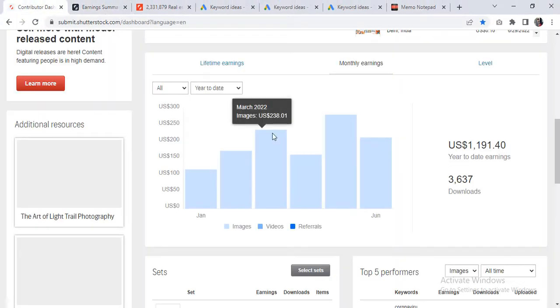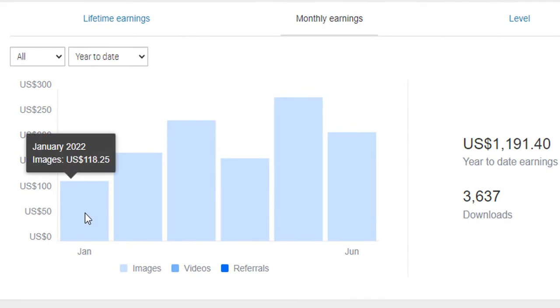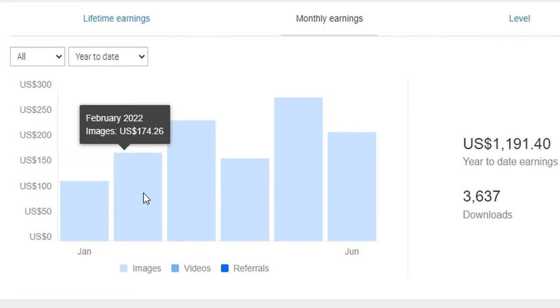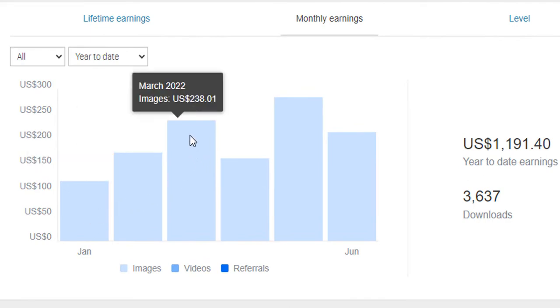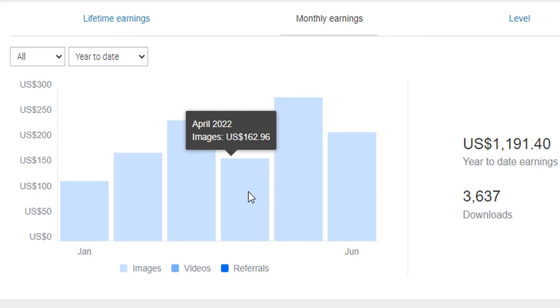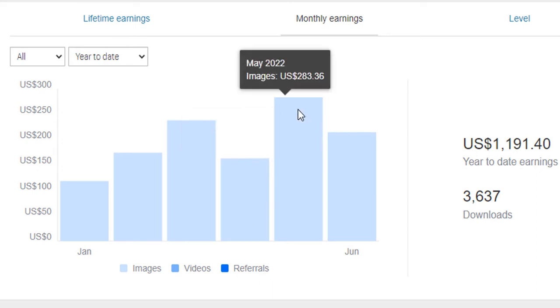And just to give you a little bit of comparison, this is how my year 2022 has been so far. I started with January 118, then 174, then 238, then I went down to 162, then went up again to 283.